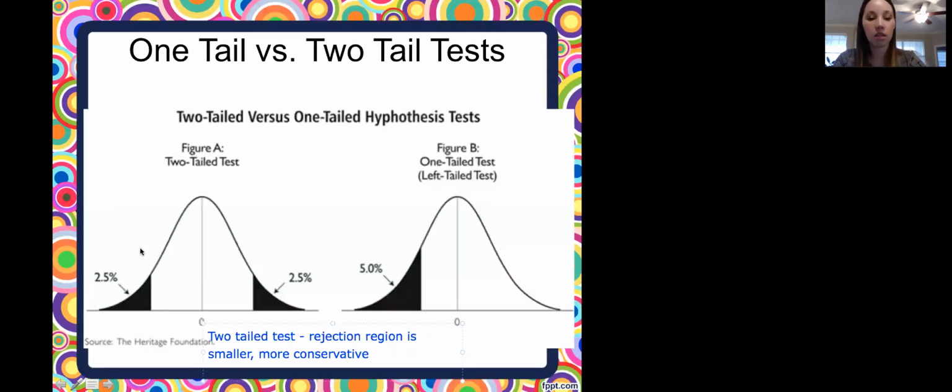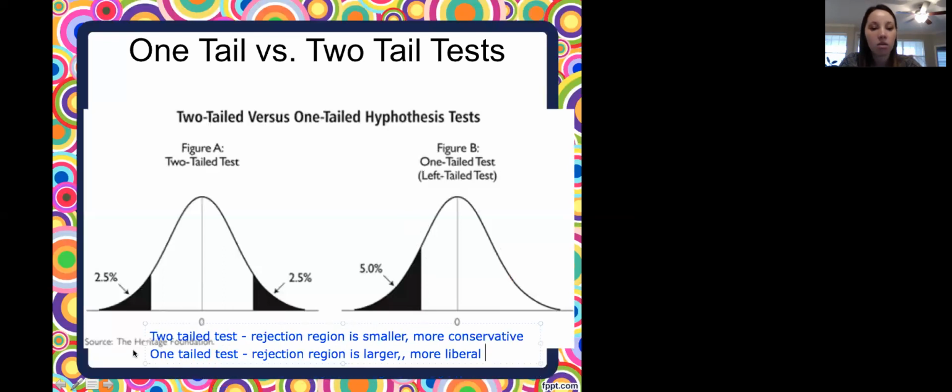A one-tailed t-test, on the other hand, has a larger rejection region, so it's a little more liberal. We can get something a little more close to the center of the distribution and still reject the null hypothesis, so it's a little bit more liberal.